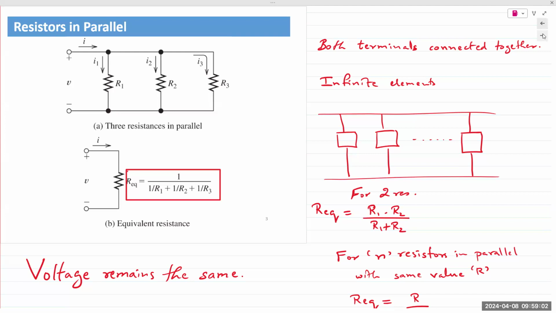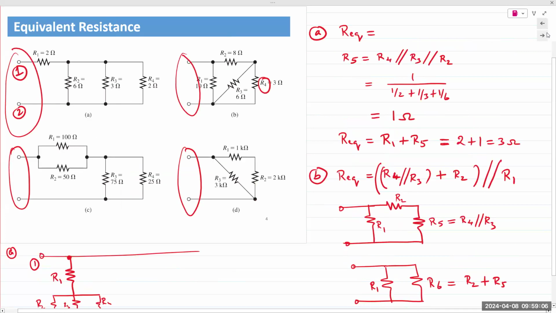If it's 10 plus 20 plus 30, where did we see that? 6 plus 3 plus 2 in A. What did we get? 1 ohm. 1 is smaller than the smallest resistor in that circuit, 2 ohms. If you get a value that is equal to or larger than 2, then your answer is incorrect.